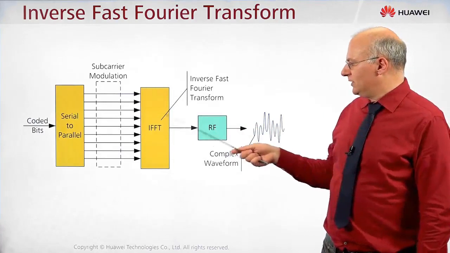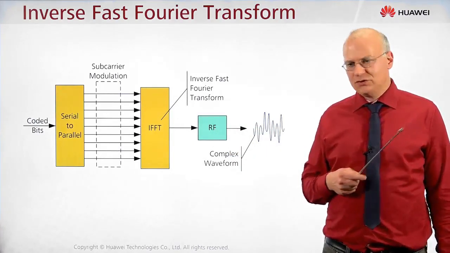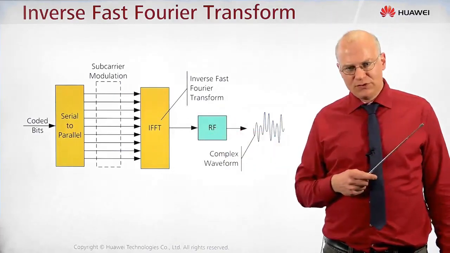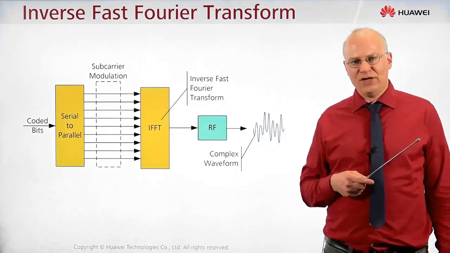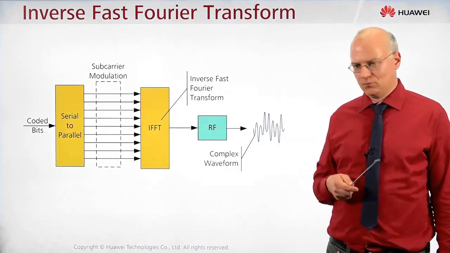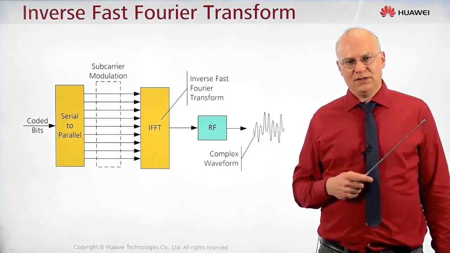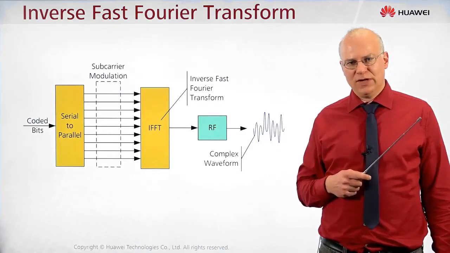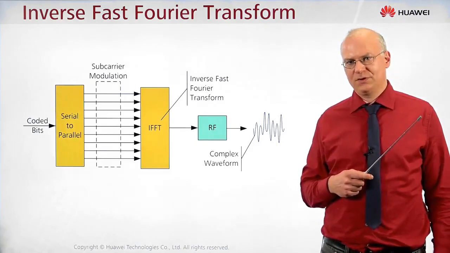So the inverse fast Fourier transformation has a frequency as an input, and the output is a time-varying signal. This is the signal which is finally amplified by a radio frequency amplifier and transmitted via the antenna.